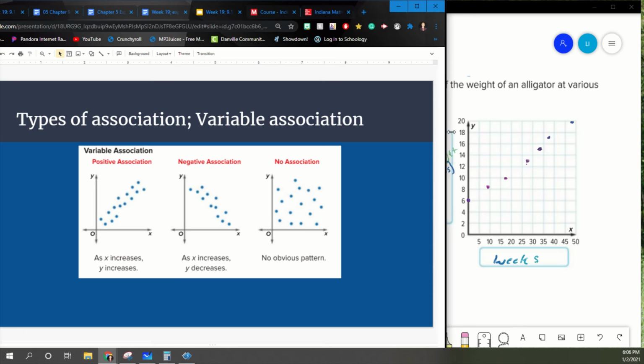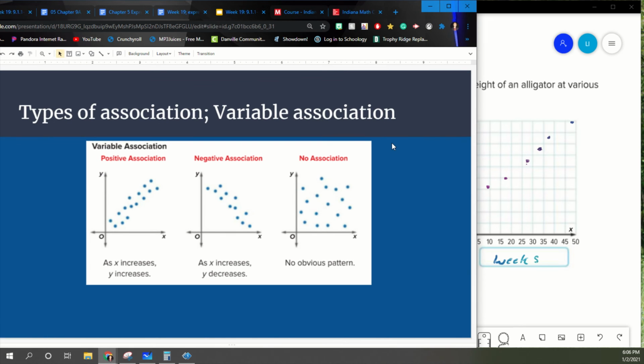We have a few different types of association. Types of variable association. We have 3 types. These are the types I want you to write down, memorize, know. Positive association, where we see this positive slope. As x increases, our y increases. Then we have negative association, on a negative slope. As x increases, y decreases.